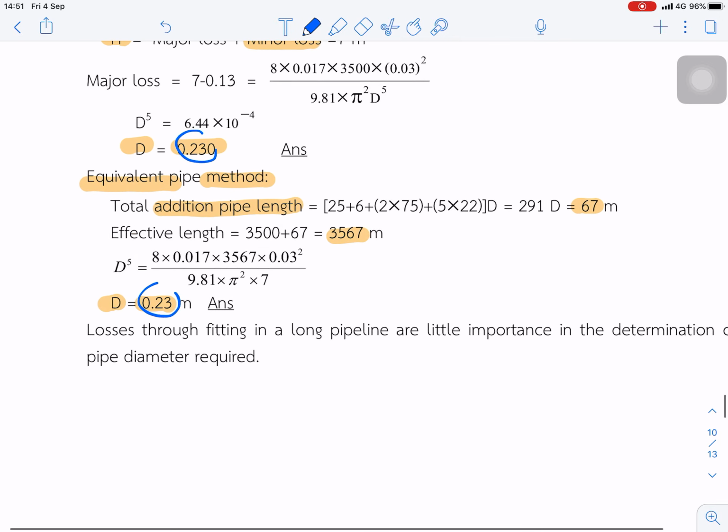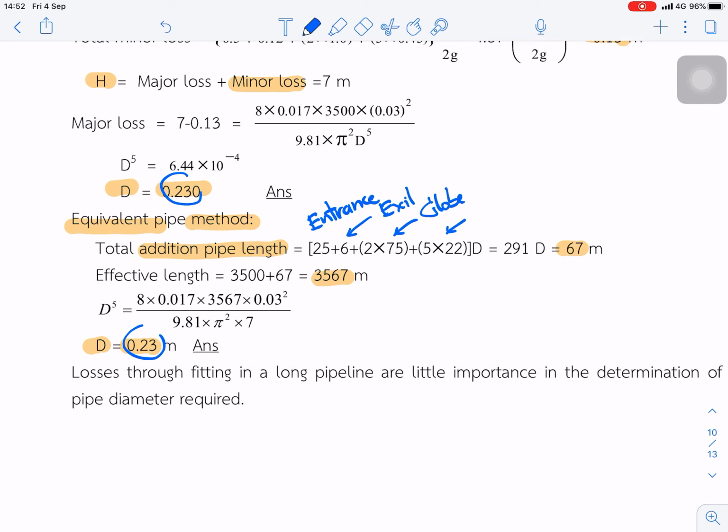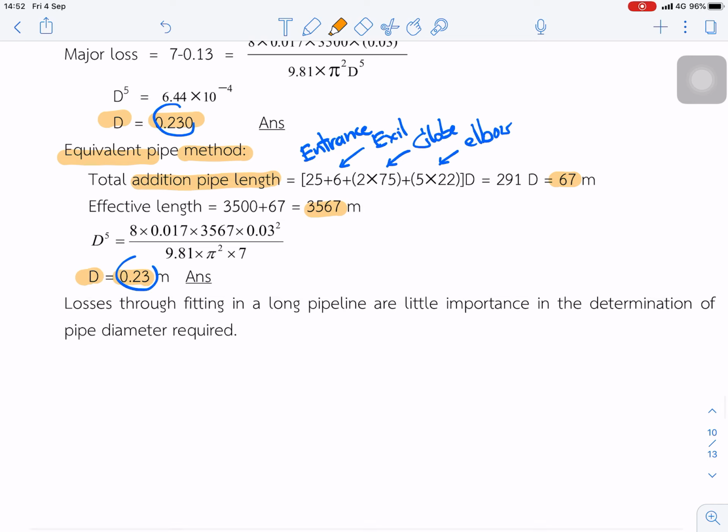We can come to the conclusion that the first is from the entrance again, and this is from the exit, from the globe valve, and from the elbow or the bend. And the loss through the fittings in the long pipe is a little important in the determination of the pipe diameter required.